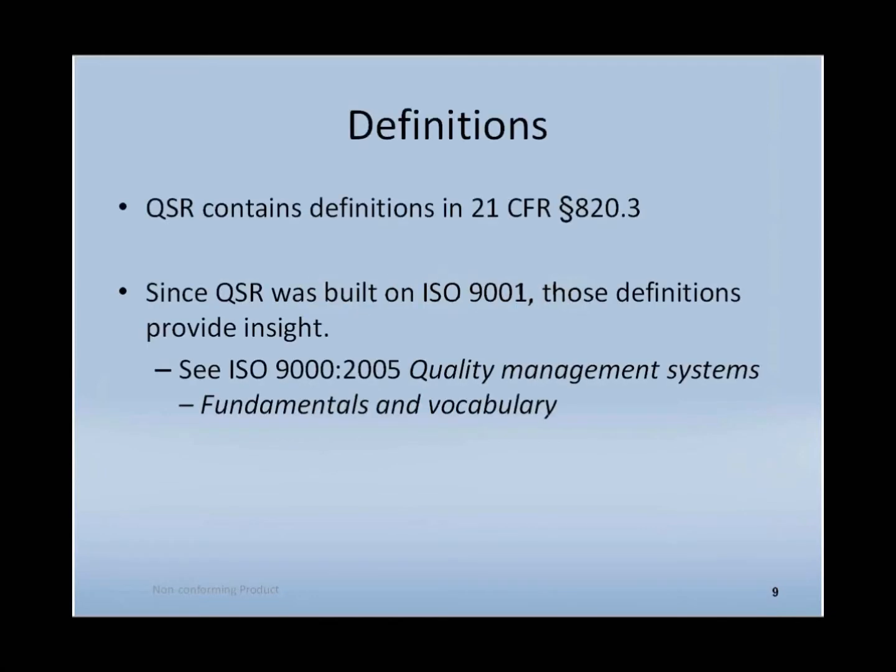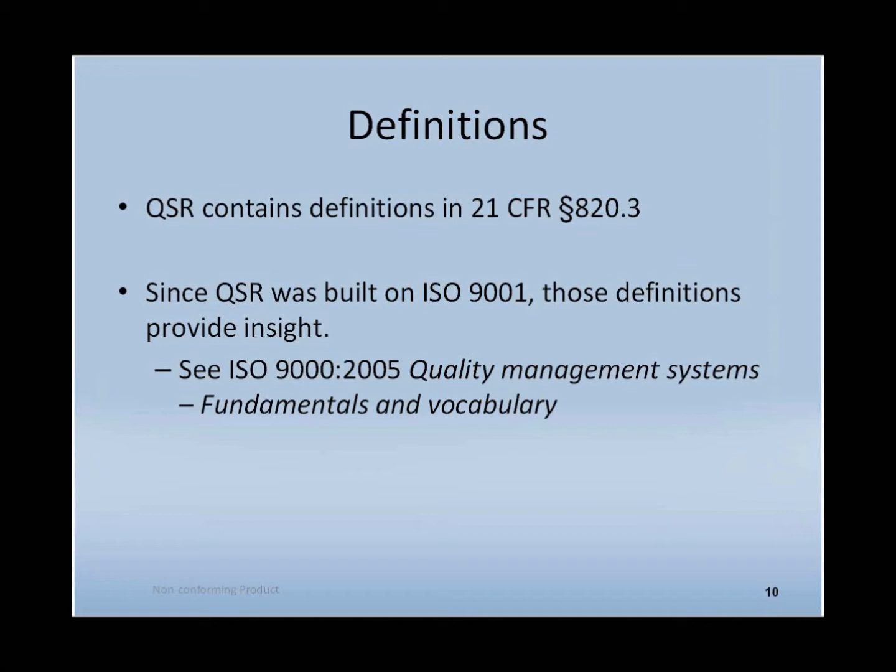Now, as I said, we're going to look at some key definitions, and there are some of them in QSR. 820.3 covers definitions. QSR was built on ISO 9001, and so those definitions contain a lot of insight.